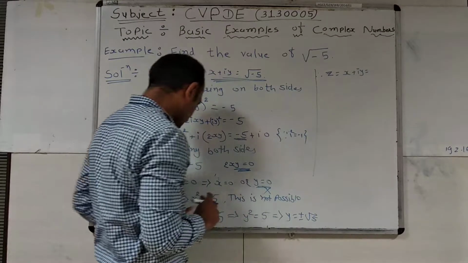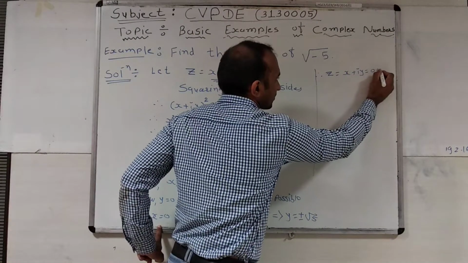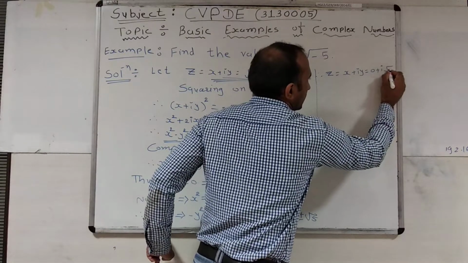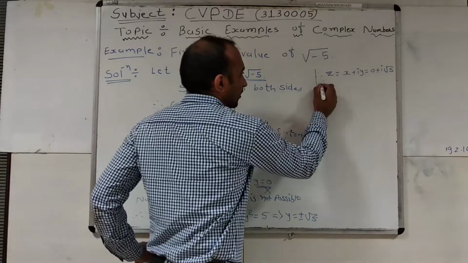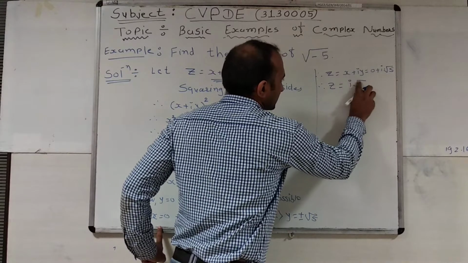First, for x equal to 0, we take 0 plus i times plus root 5, therefore one value of z is i root 5.